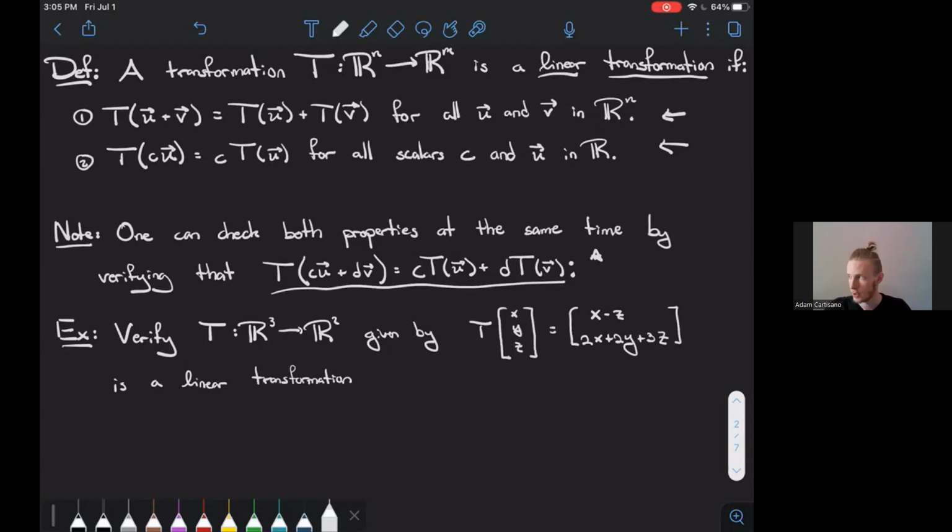By the way, before I go and do this, I should mention one other major way that I've diverged from the book here: the transformation that we're using is a map from R3 to R2. Notice, the inputs are three-dimensional, or vectors with three components, whereas in the book, they took in vectors in R2, and the output was a vector in R3.